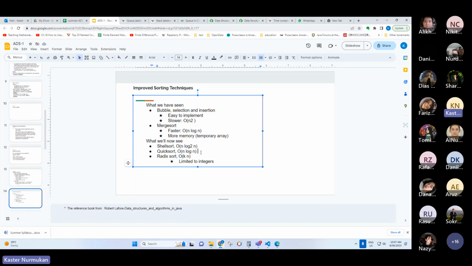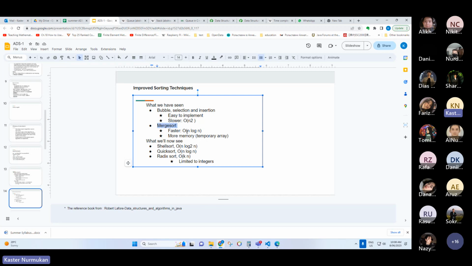For example, in the worst case, if you don't choose the pivot point properly, the consequence is quadratic time. So quick sort has a quadratic time complexity in the worst case, but in real examples, quick sort is mostly better than merge sort.